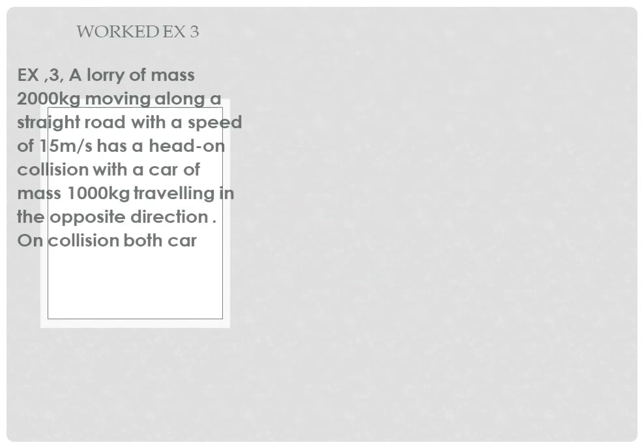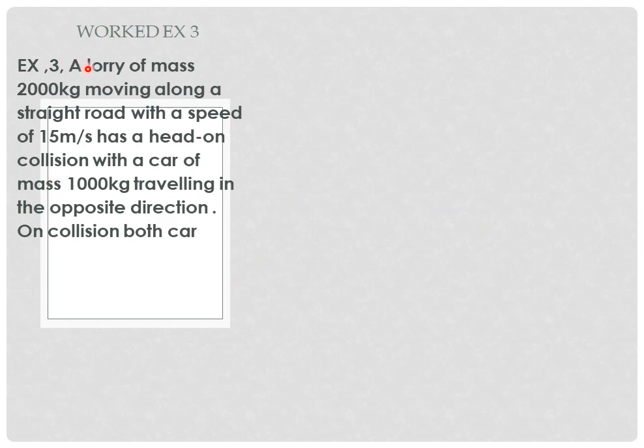Example number 3. A lorry of mass 2000 kilogram moving along a straight road with a speed of 15 meters per second has a head-on collision with a car of mass 1000 kilogram traveling in the opposite direction.